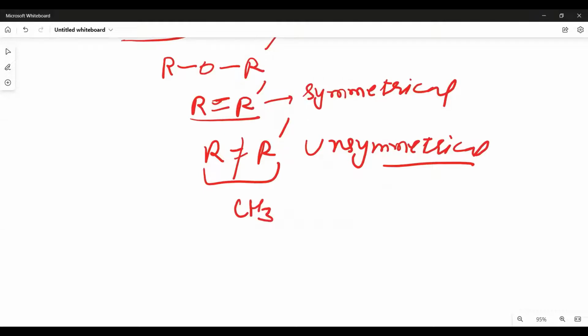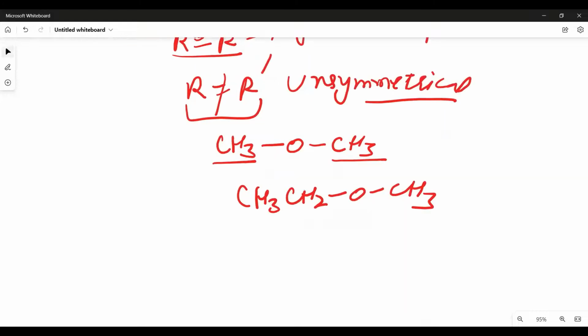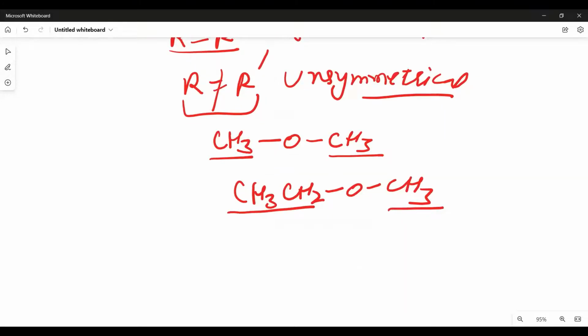Suppose you are having CH3O and CH3. This is an example of the symmetrical ether, dimethyl ether. And if you are having this kind of the structure, it is unsymmetrical ether. ये आपका unsymmetrical ether है, क्योंकि इसमें R or R dash both are different.